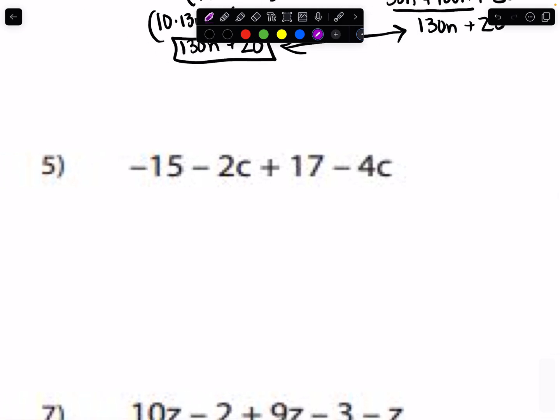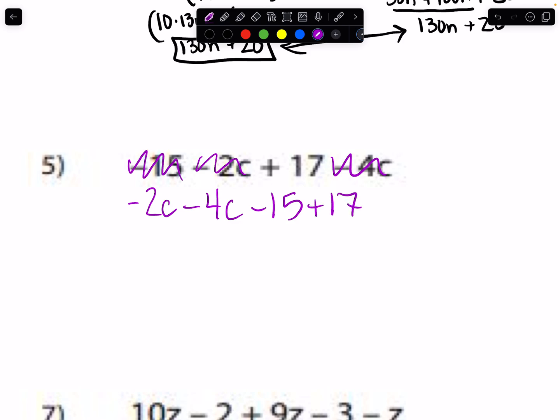In homework, you need to rewrite it. Minus 2c, minus 4c, minus 15, plus 17. Combine these, you get negative 6c, and you combine these two, and it becomes plus 2.